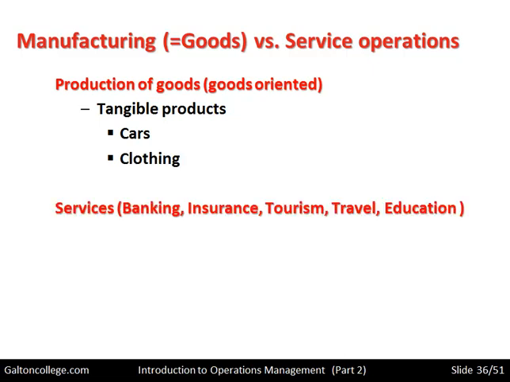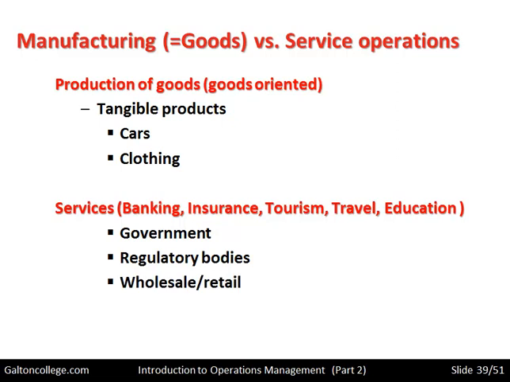Now, services, such as banking, insurance, tourism, travel, education. Services, these could be the government, regulatory bodies, wholesale and retail, financial services. We can't touch the service. It's intangible. It is a service.